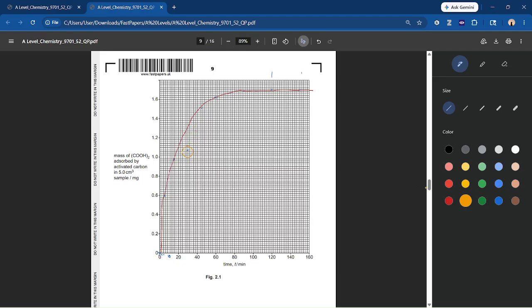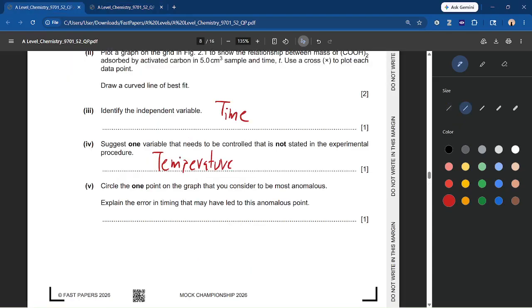If you look at the curved line, the actual one should be somewhere over here. Instead, it's below. So that means that it was taken before 30 minutes of time. So we're going to write down: sample may have been taken before 30 minutes.